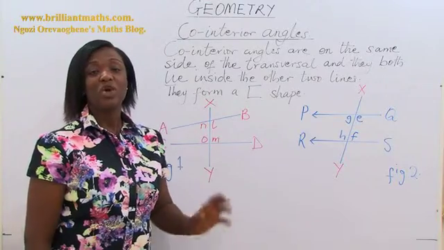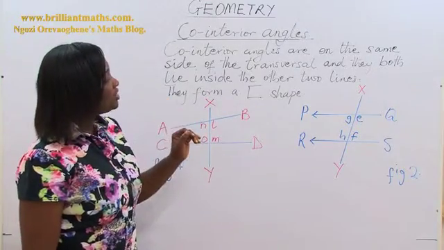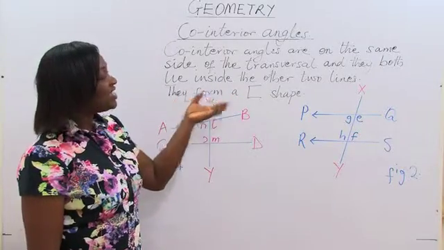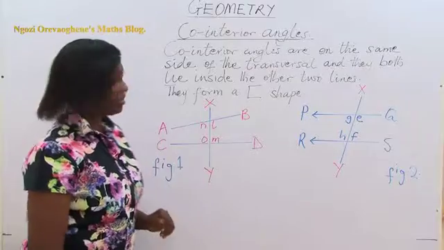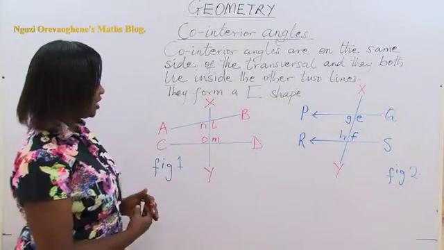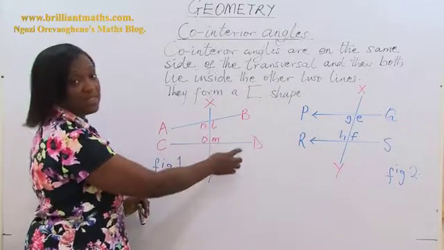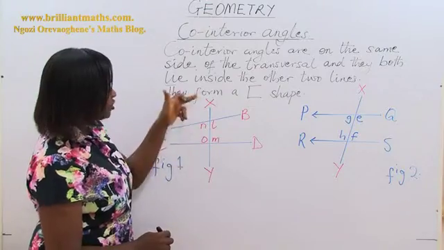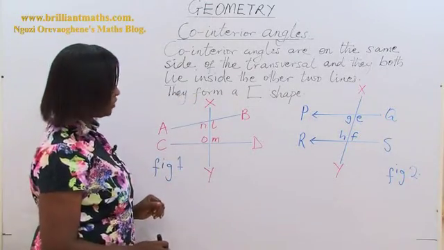Next, we want to look at co-interior angles. Co-interior angles are on the same side of the transversal, and they both lie inside the other two lines. What does that mean? In figure 1, we have line AB and line CD. The transversal is line XY. So line XY is a line that cuts across both of them.